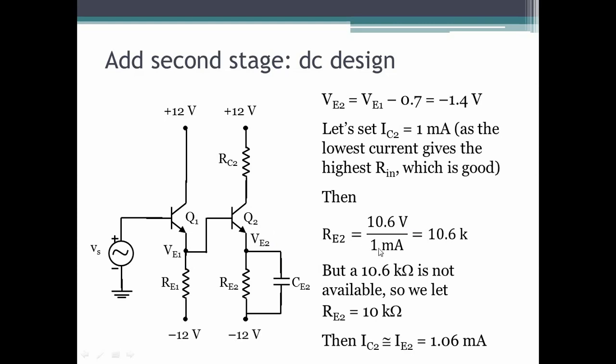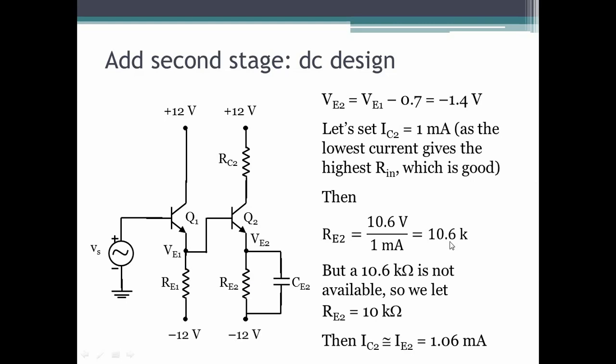By the way, all along through this entire design, we will assume that the collector and emitter currents are basically equal, because we are assuming that the transistor is in the active mode, and in the active mode the collector and emitter currents differ by beta over beta plus 1, which is so close to 1 that we'll assume it is 1. So we'll say IC is equal to IE throughout.